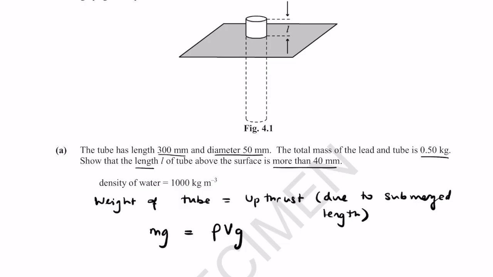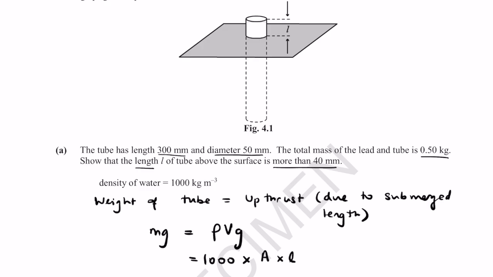So therefore it's rho of water, which is 1000 kilograms per meter cubed, and volume, which I'm going to write down as area times length. We know that the volume of the liquid displaced is equal to the volume of the object that's submerged.